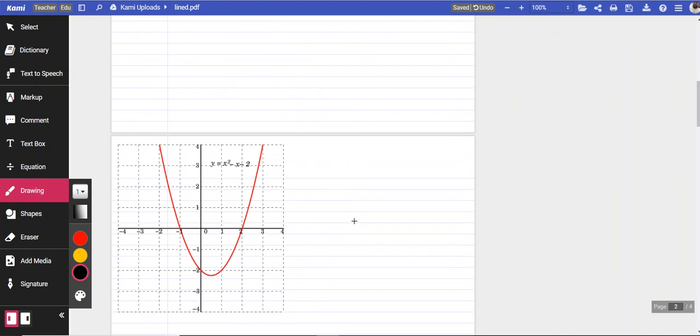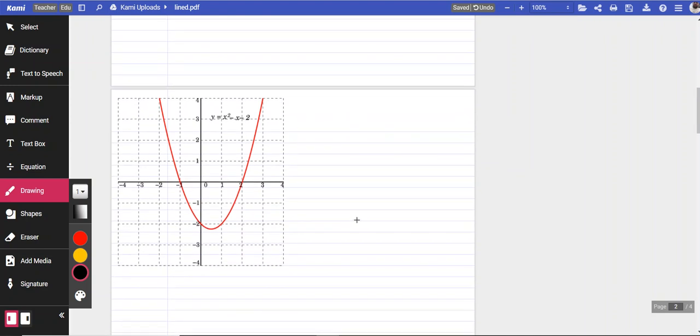So let's look at it. Here we have a parabola right here. If I want to find it on the interval from -1 to 1, what does that mean? That means I'm going to take this point right here, and this point right here, where x is -1 and x is 1.